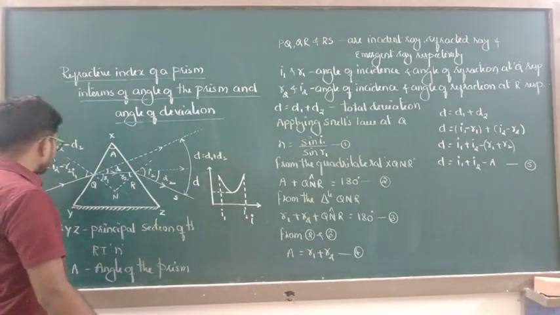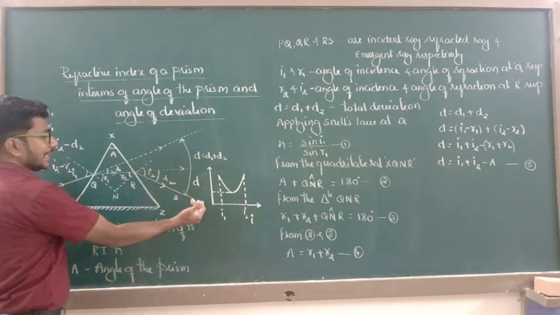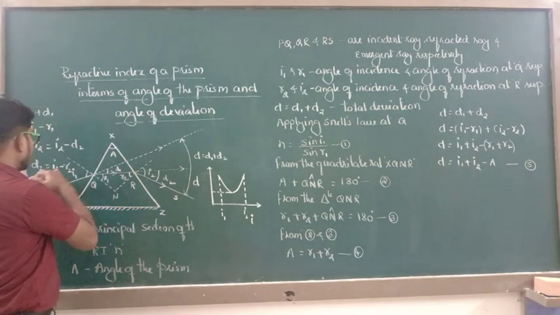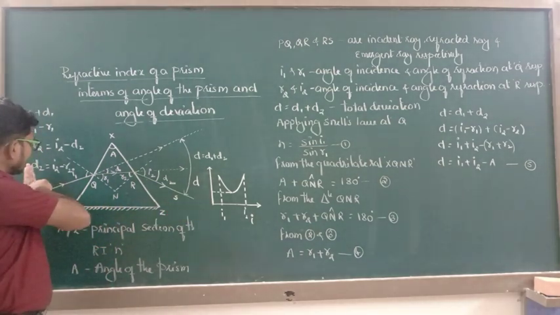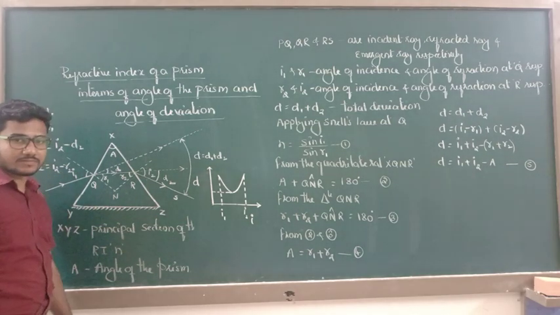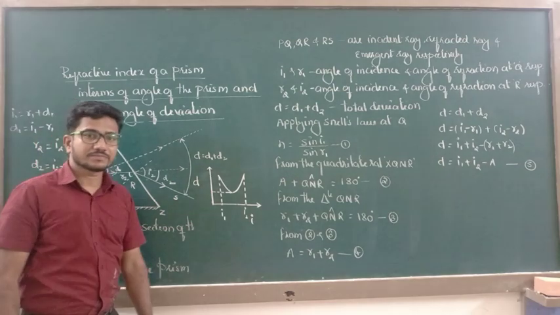If you place a mirror at this point and supply the light from right to left, when that light hits the mirror, it retraces its original path in the opposite direction. That is known as the principle of reversibility of light.